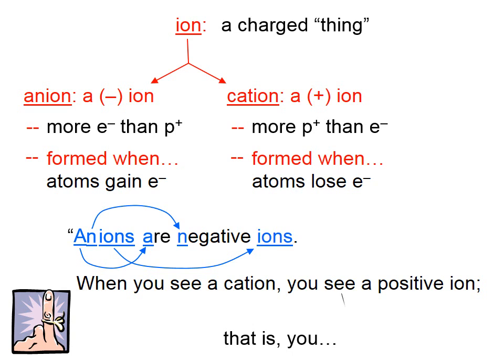When you see a cation, you see a positive ion. Look at that. There's a plus sign right there in the word cation.